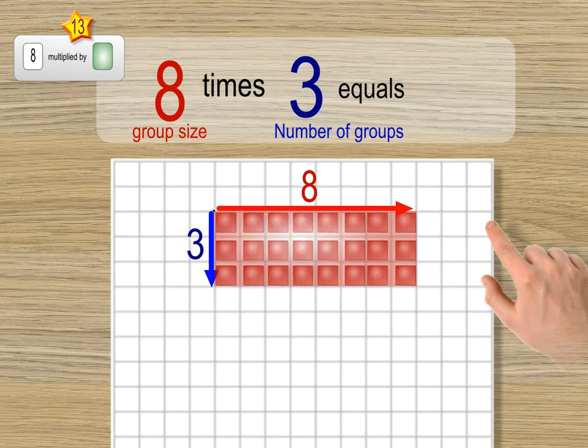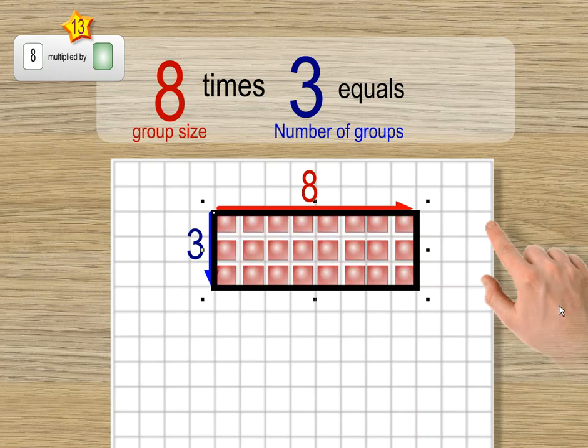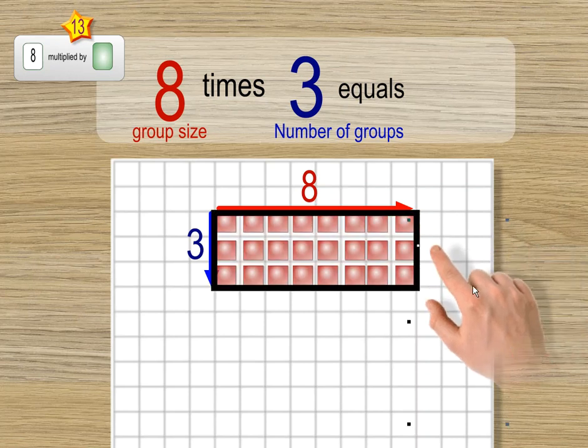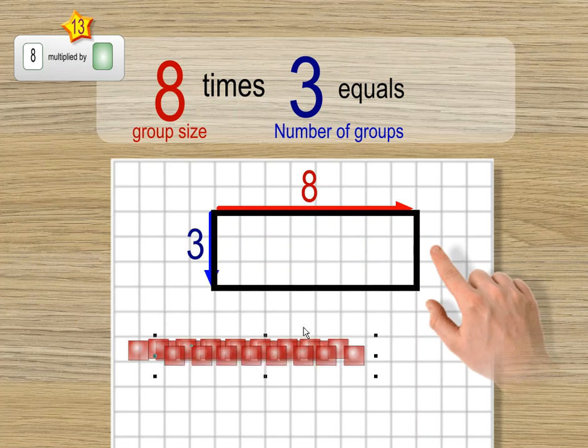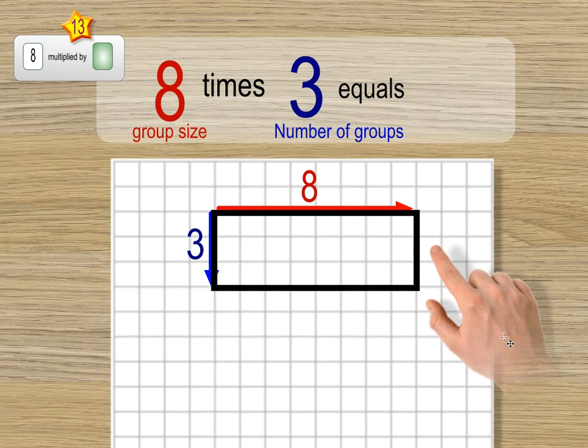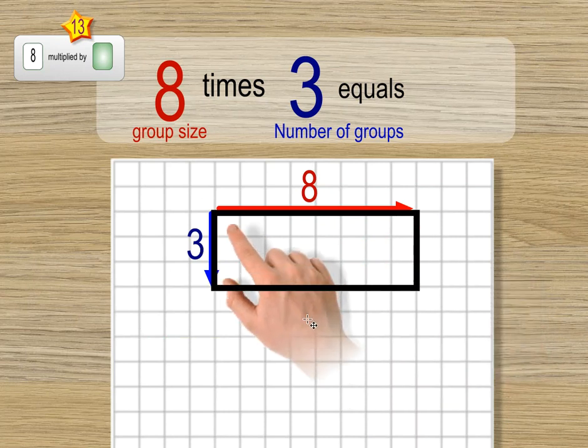So let me take this shape and just put an outline on it, a nice black one, so you can see it easily. I'll just make it thicker for you, and maybe I'll hollow it out. There you go. And if I remove the groups from it, you can see it's covering that many squares.